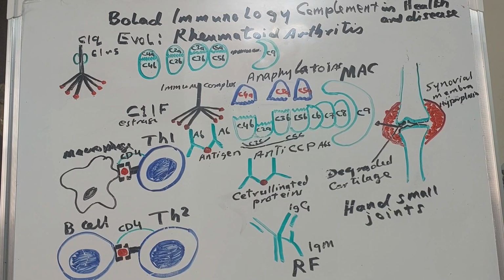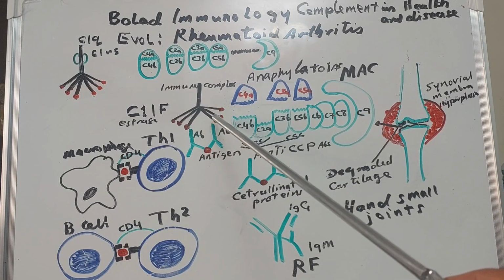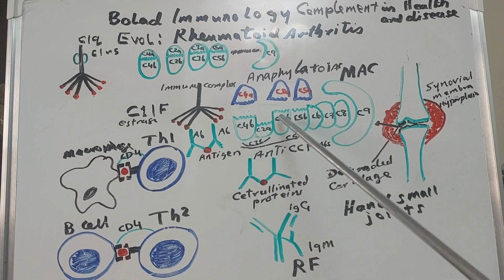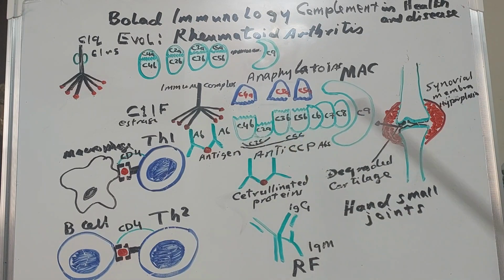And as can be seen here, the activation of the complement components is not in numerical order. For example, C1 gets activated, then C4, 2, 3. C3 comes after 4 and 2, and this is actually due to the order in which these molecules were discovered.